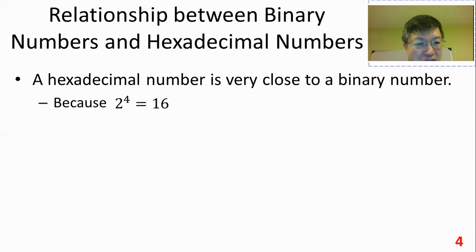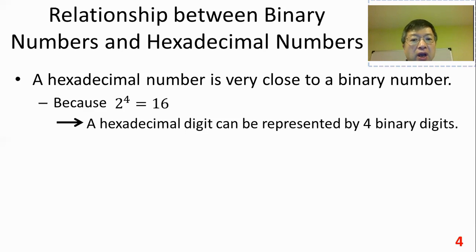This means if we use binary digits to represent a hexadecimal digit, we need 4 binary digits to represent 1 hexadecimal digit. Why 4?